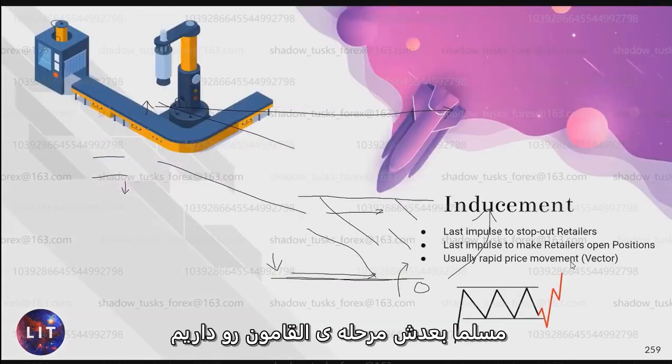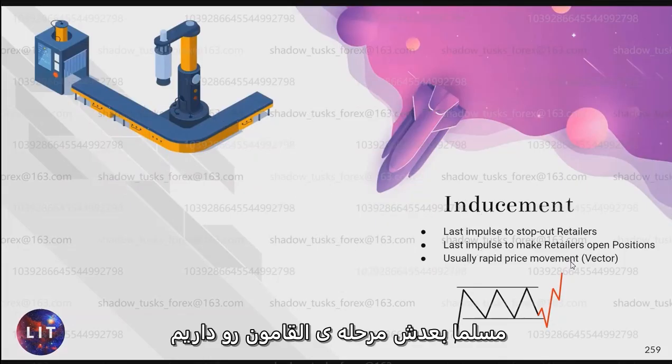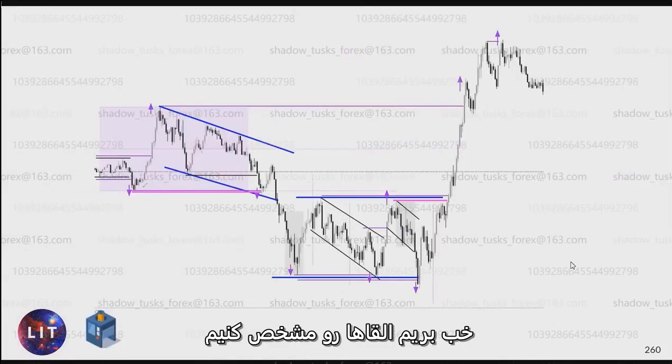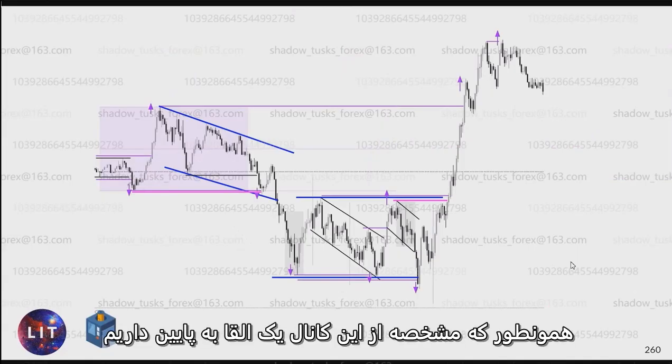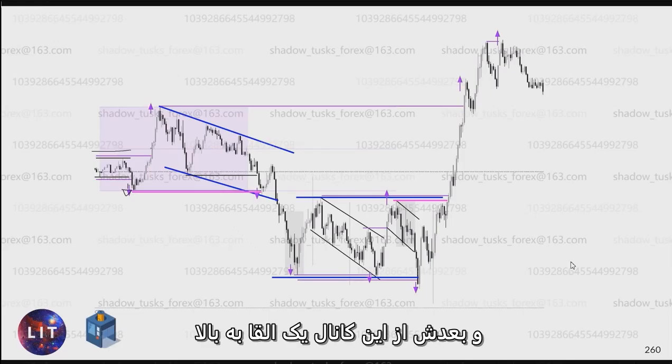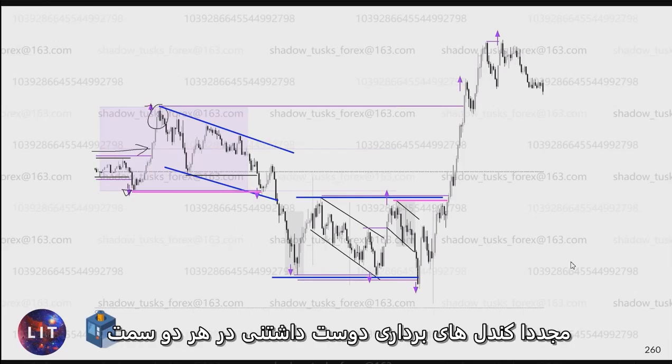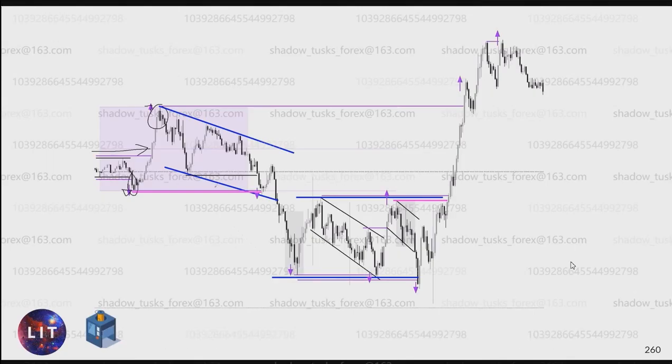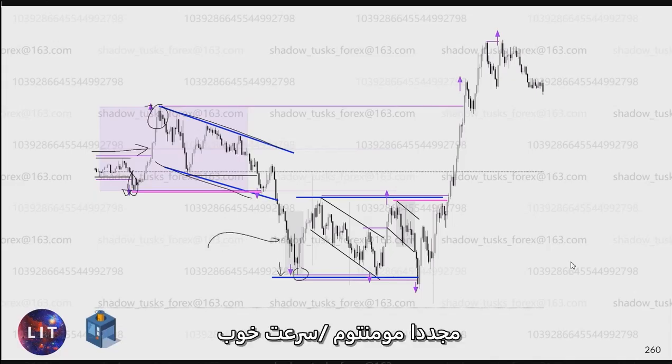Next up, we obviously have our inducement step. So let's identify the inducement. We obviously have an inducement low of this channel, and then an inducement high of this channel. Again, lovely vectors either side. We then have our build up into inducement low within timing. Again, nice momentum, nice speed.